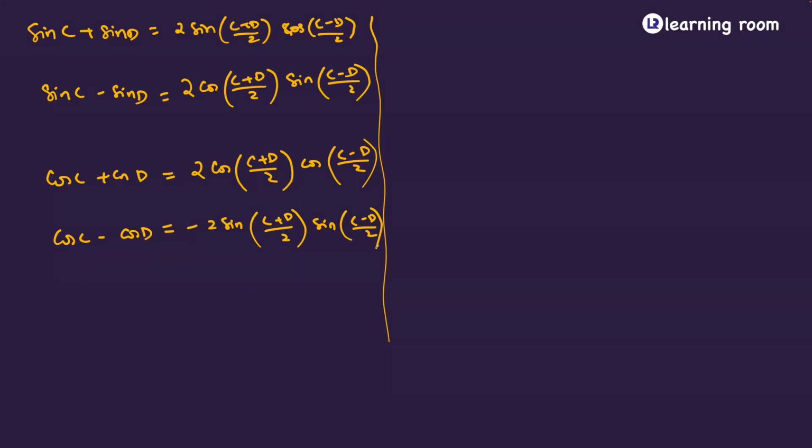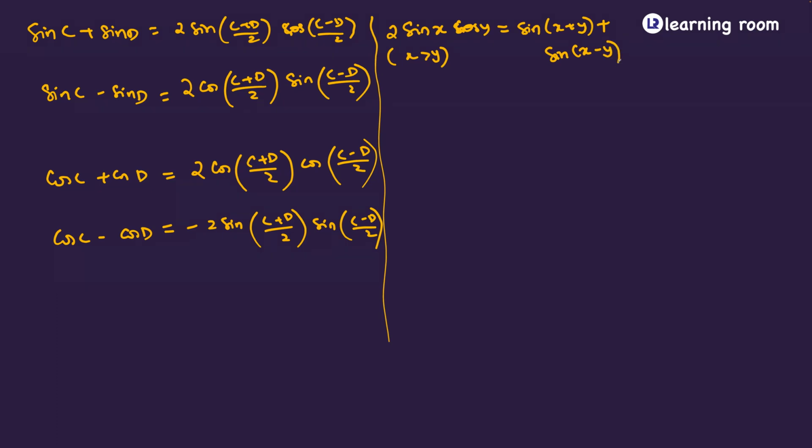Okay. So what will happen is, if the question is given as 2 sine x into cos y. Observe the pattern. All that you need to observe is the sine and cos pattern. So if it is 2 sine x into cos y, where x is greater than y, then you write this as exactly the reverse, which is going to be sine of x plus y plus sine of x minus y.